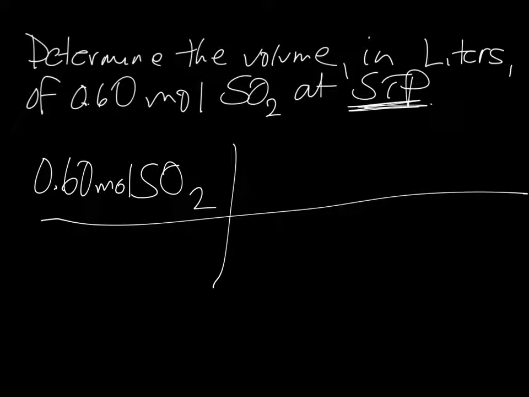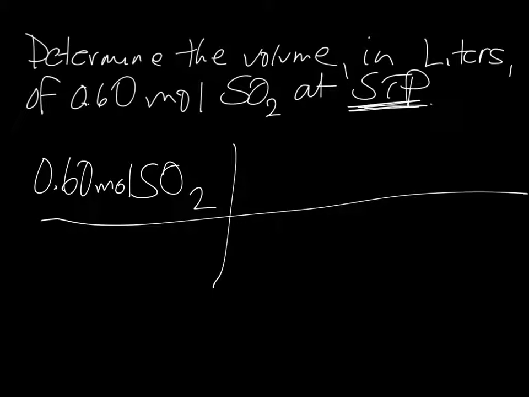So then I take a look at the conversion factor, and you'll see that it's 22.4 liters of whatever gas we're talking about is 1 mole of that gas. That was Avogadro's hypothesis, that 1 mole of any gas at STP and constant pressure will contain the same number of particles.